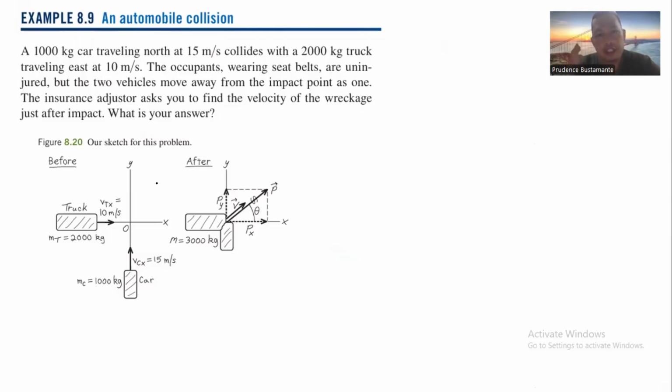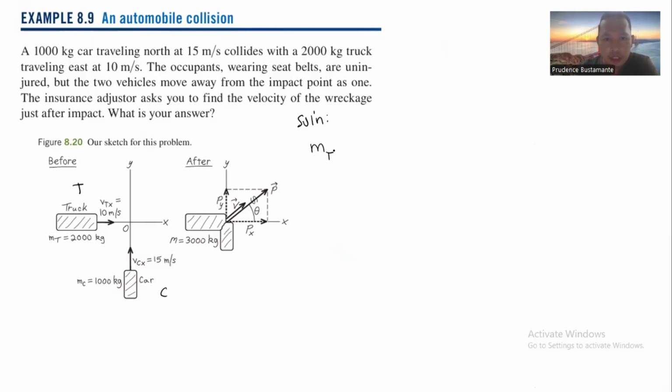You are asked here to find the final velocity of the wreckage. So for the x component, we treat this one as our A, and this is our B. This is C, and this is T for the truck.